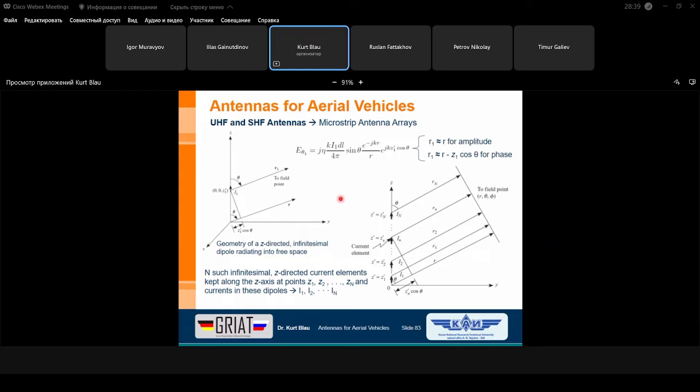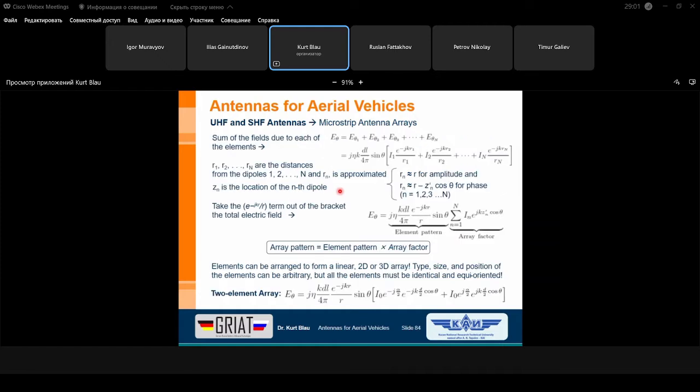And we found out that, as a very simple example, based on very small dipoles, in principle Hertzian dipoles, located along the z-axis, we can calculate the overall performance of such an antenna by this basic formula.